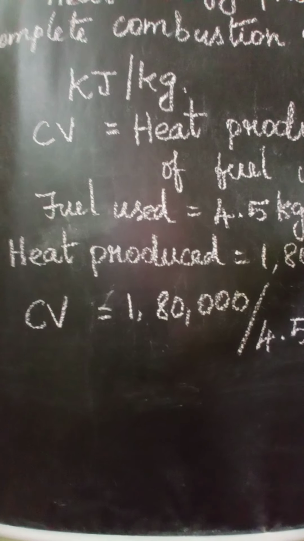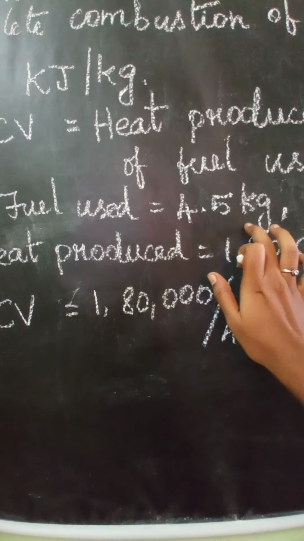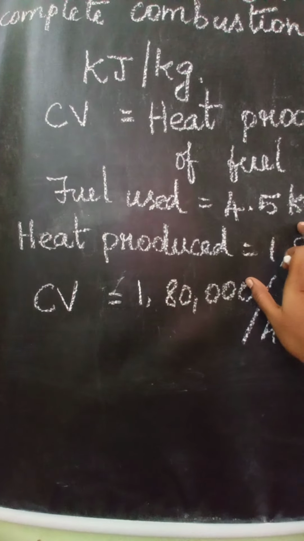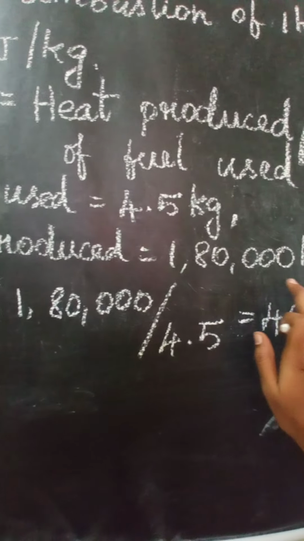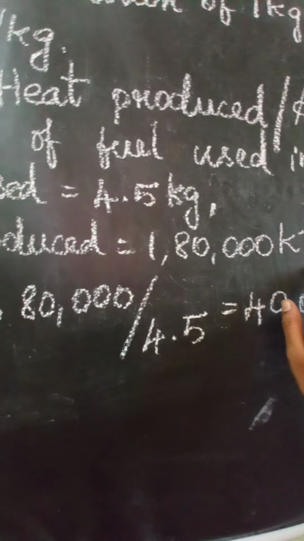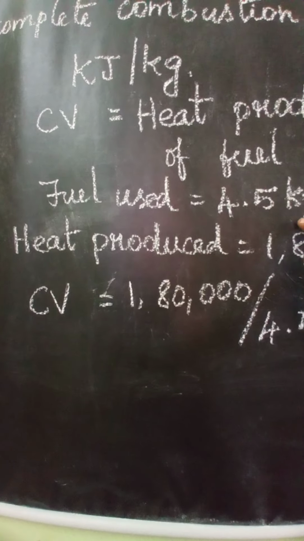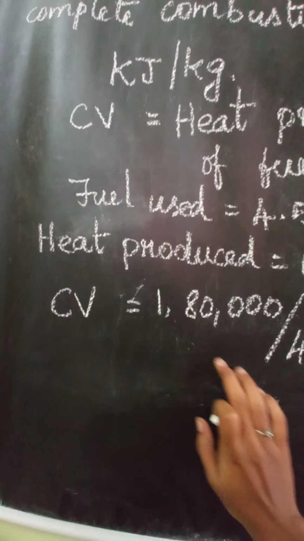For example, say the fuel used is 4.5 kilogram, used for burning. And the heat produced by burning it is 1,80,000 kilojoule. Later, how can we find the calorific value?